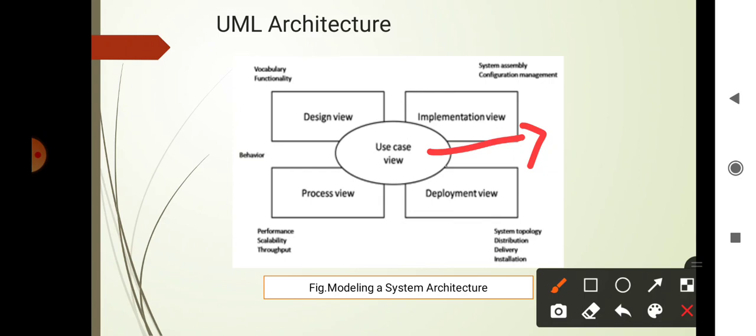This view does not really specify the organization of a software system; rather, it exists to specify the forces that shape the system architecture. With the UML, the static aspects of this view are captured in the use case diagram, and the dynamic aspects of this view are captured in interaction diagrams, state diagrams and activity diagrams.